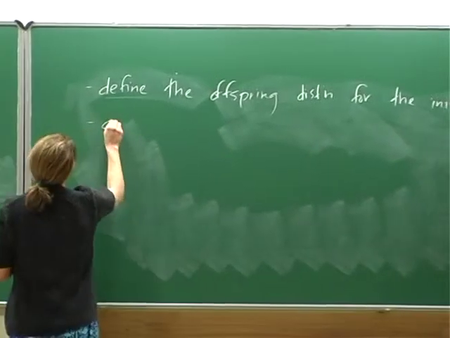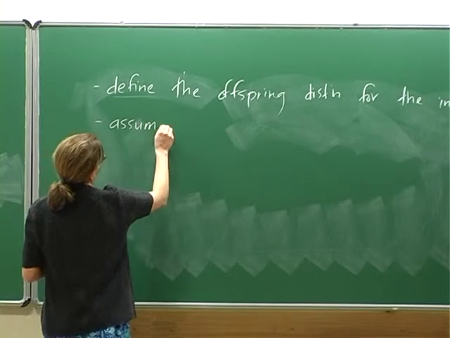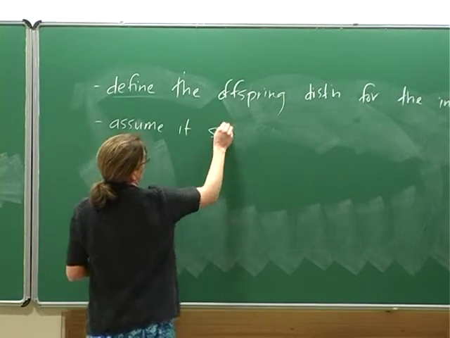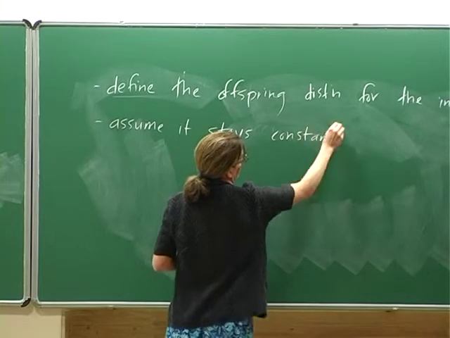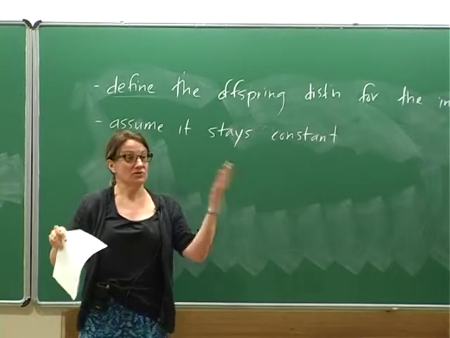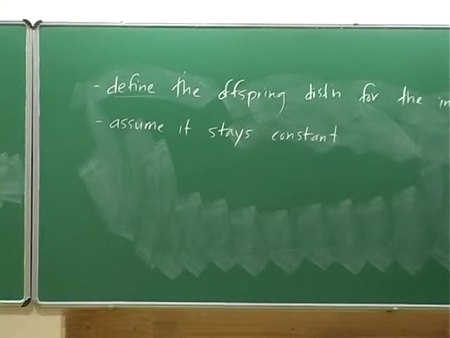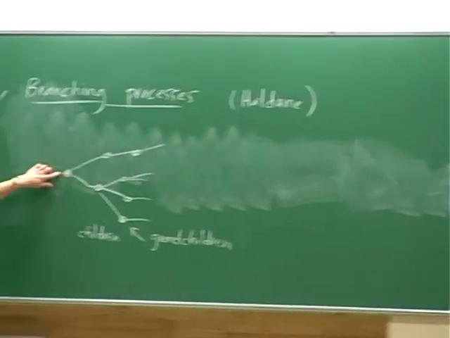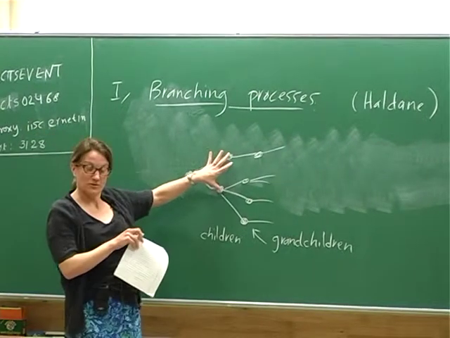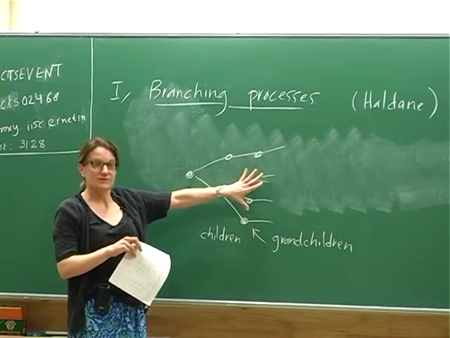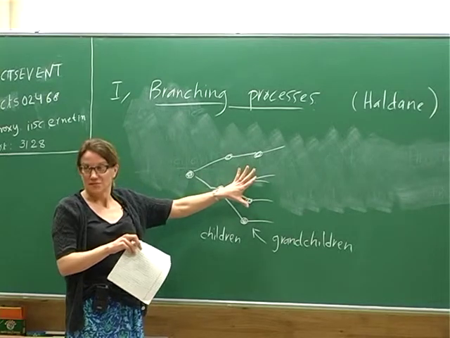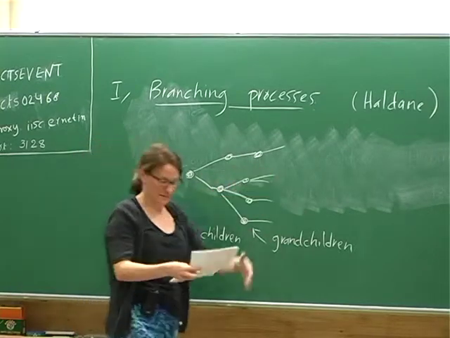And if we assume, this is a big assumption, right? Assume it stays constant as the generations go by. So if this guy is a mutant, this girl is a mutant, her daughters are also mutants with the same offspring distribution, and her granddaughters are mutants with exactly the same offspring distribution. Okay?